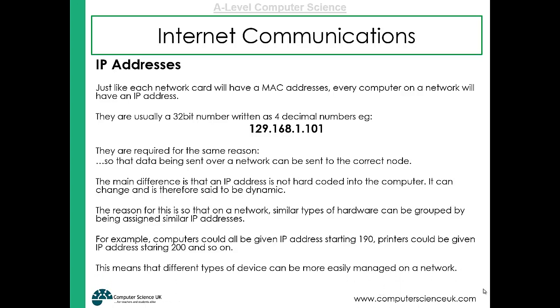It might be your ISP gives you an IP address which starts off similar to other similar devices that it manages. Or your network manager in your school might choose to assign all computers IP addresses that start in a similar way, and all printers likewise, so that they can better manage the network. So MAC addresses are hard-coded, IP addresses are dynamic.